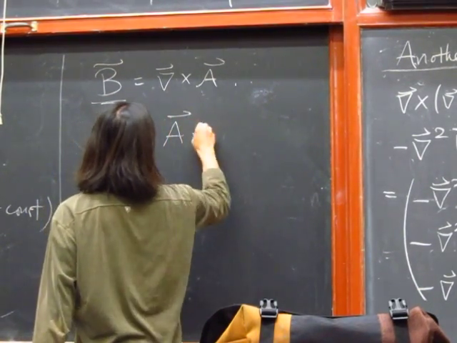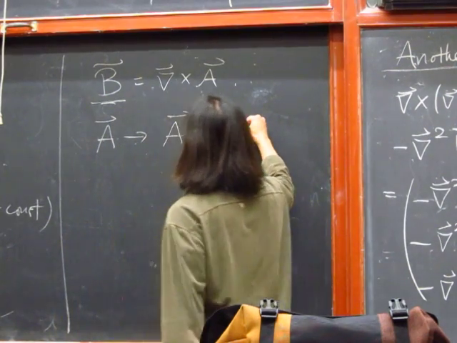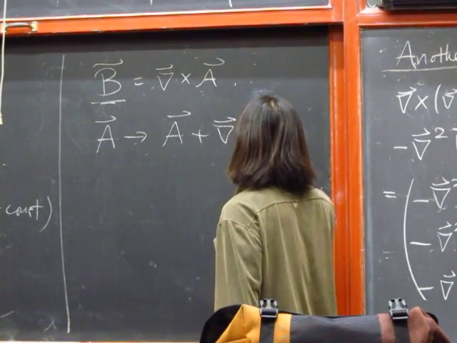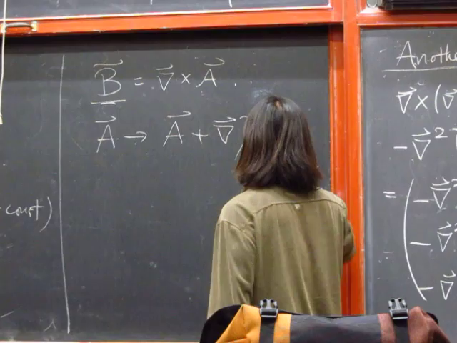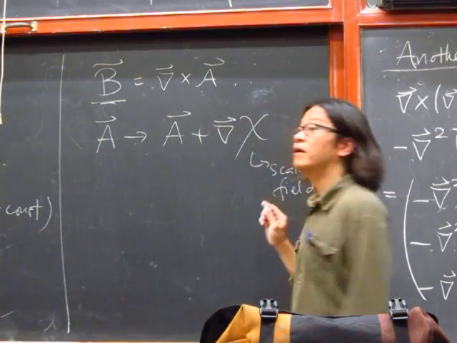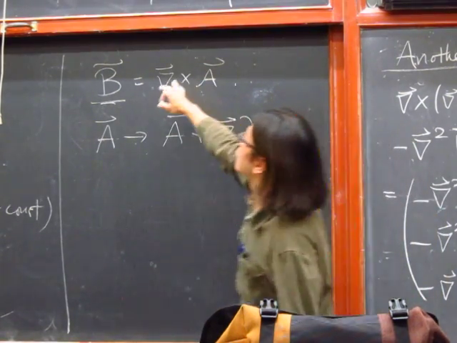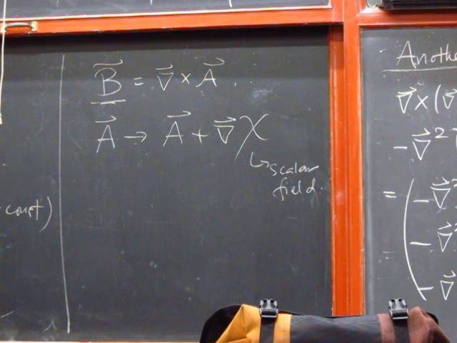But if I change A to A plus the gradient of some scalar, chi, there is a vector identity. I know this is a lot of stuff, but the curl of a gradient is always zero.